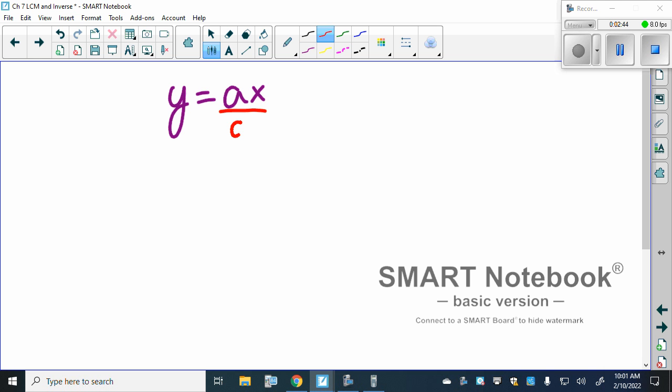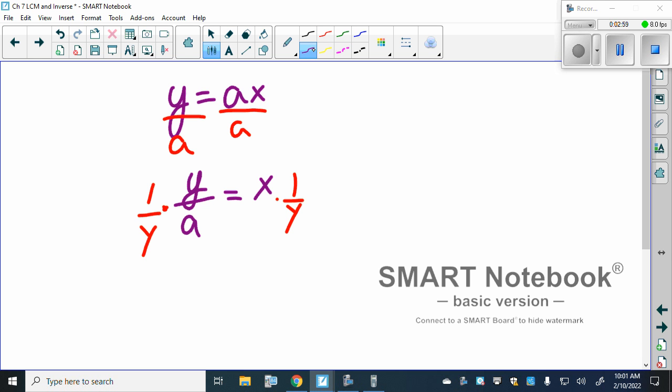And what we can do is divide both sides by a, telling us y over a is equal to x. We've got to multiply by 1 over y, which actually tells us 1 over a is equal to x over y. But a is just a what? Constant term, yes? It's just going to be a number.